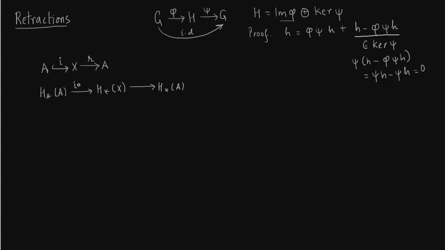Now we apply the above result. It is always the image of the incoming map and the kernel of the outgoing map from X. The incoming map is I star and the outgoing map is R star.